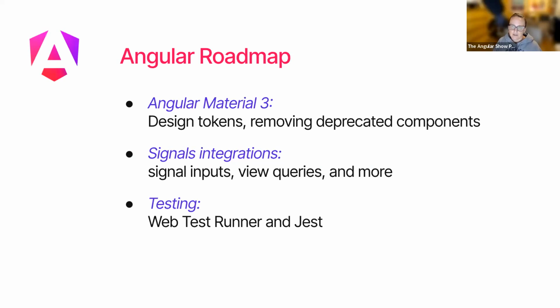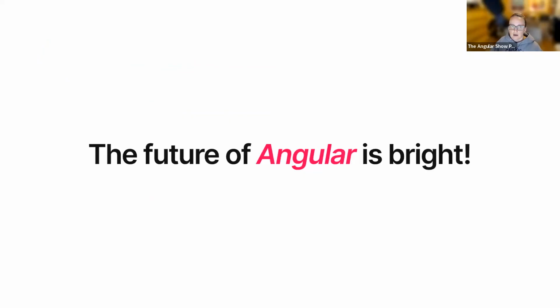And they will also be removing some of the deprecated components. We'll see deeper signals integration, signal inputs, view queries, and more. And they're also working on the testing story. So they're working with Web Test Runner and Jest to include those in the library. The future of Angular is bright. So this is a great time to be learning about Angular and to try it out.